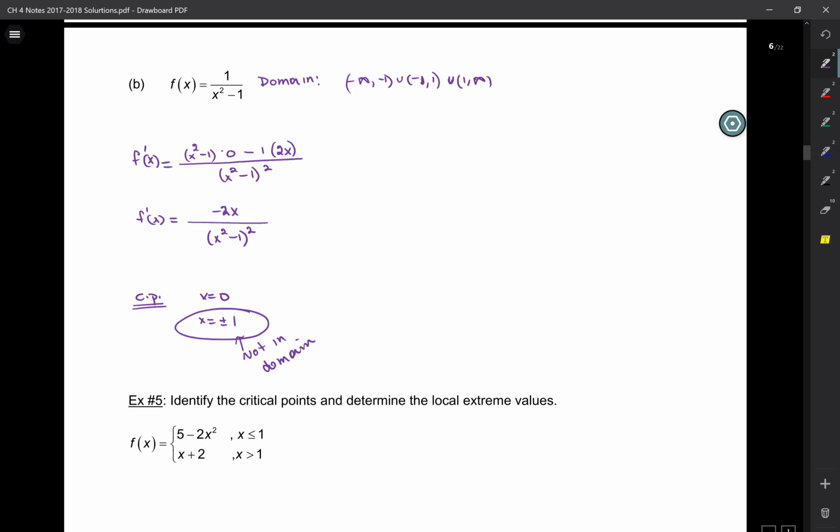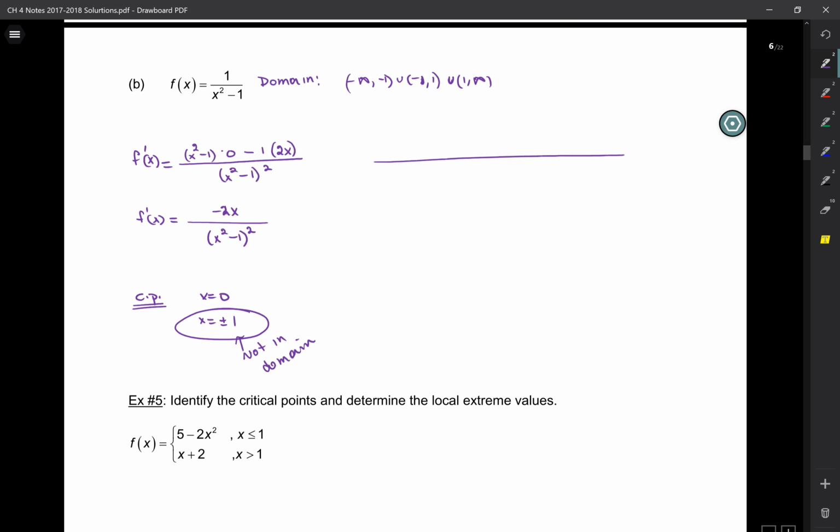So technically, just like Pluto got demoted, they get demoted from being critical points. Don't worry too much about it because we're going to end up putting it in the number line anyway. Okay, so let's put it all in the number line. We need a bigger number line for this.